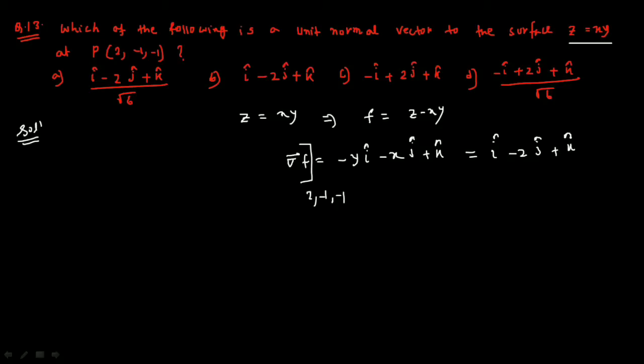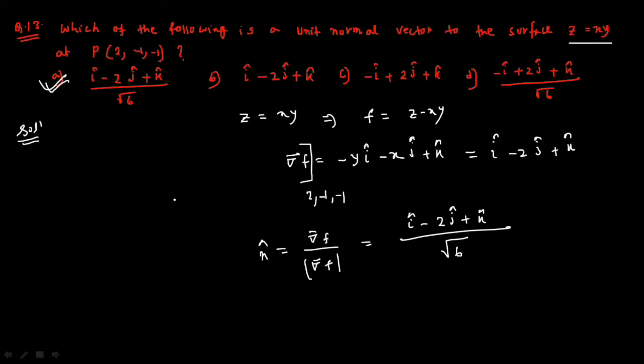So the unit vector will be the gradient of f at that point divided by mod gradient of f, so you will get i cap minus 2 j cap plus k cap divided by root of 4 plus 1 plus 1, that is root 6. So this will be the correct answer.